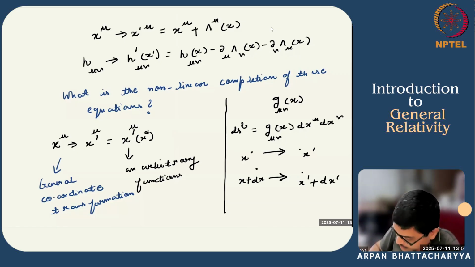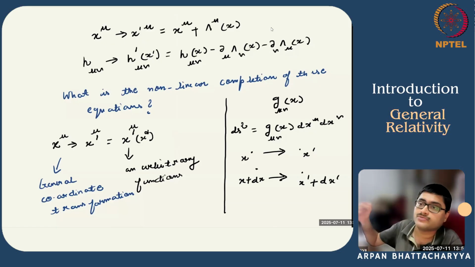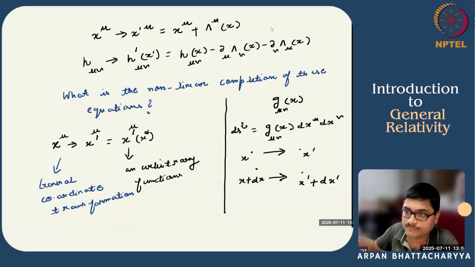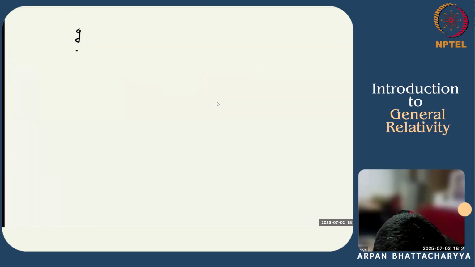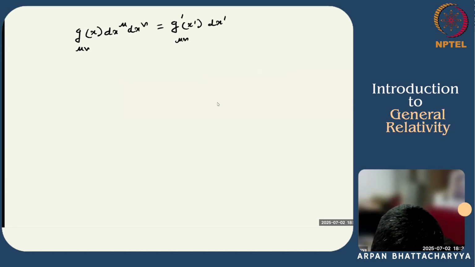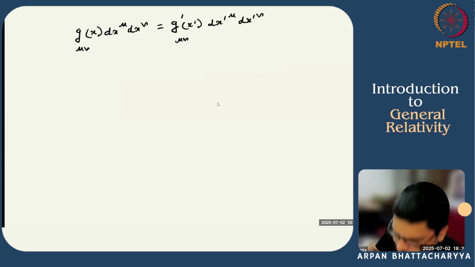Note that here we are just relabeling the coordinates. Keeping this in mind, we get the following: g mu nu at x, dx mu dx nu, should be equal to g prime mu nu at x prime, dx prime mu dx prime nu.